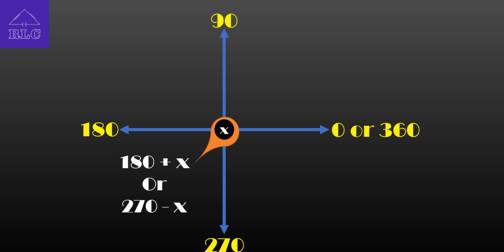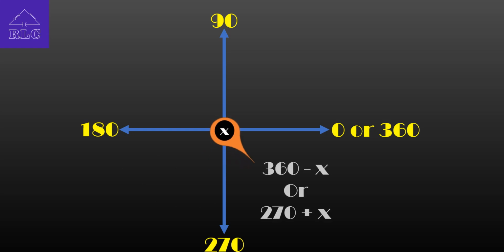Here we are calling this region 180 degrees plus x or 270 degrees minus x. Next, we call the region the fourth quadrant. This is the last quadrant. This is called 360 degrees minus x or 270 degrees plus x.